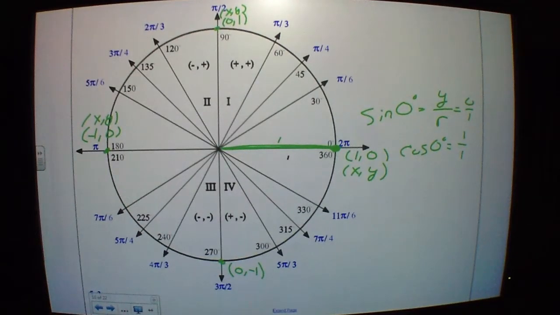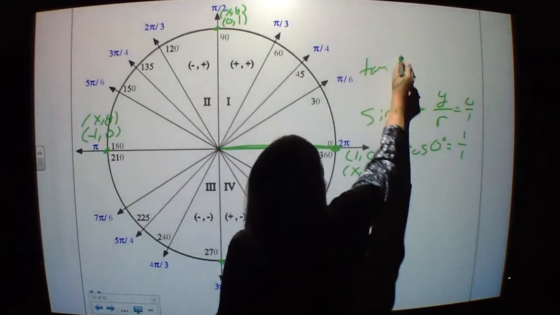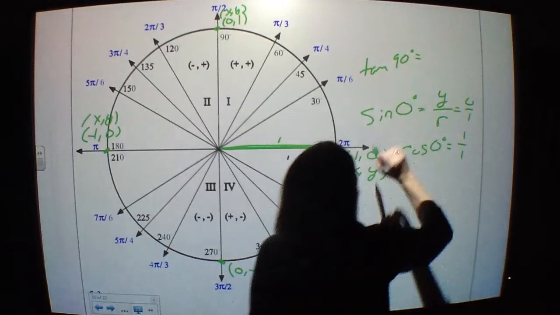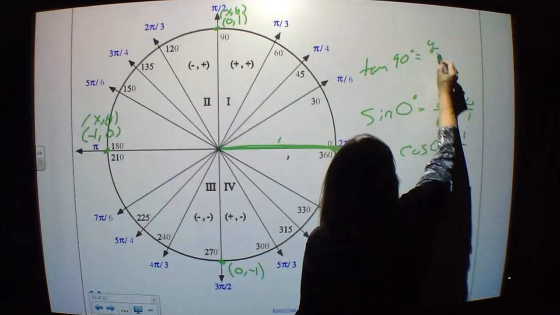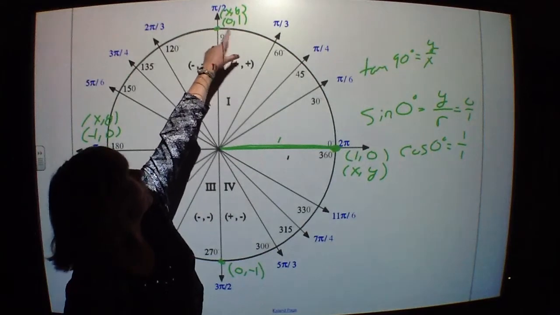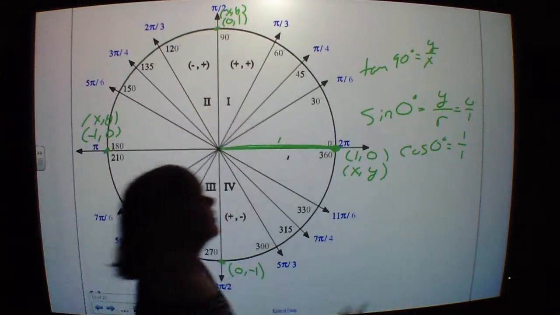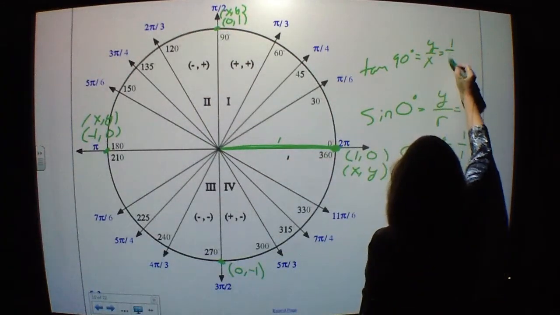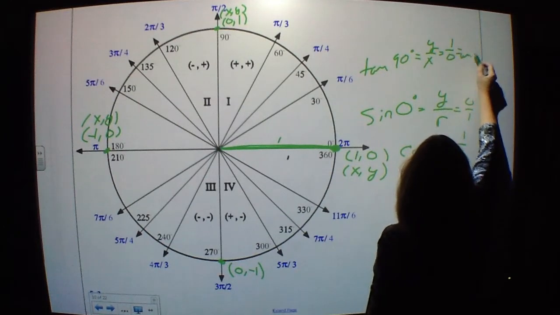Okay? Let's say I asked you the tangent of 90 degrees. Remember, tangent is y over x. So at 90 degrees, I'm right here, up here. Y is 1, x is 0, which is undefined.